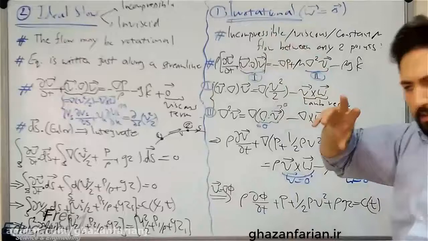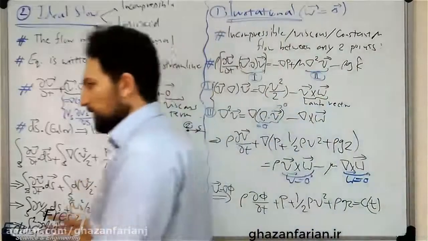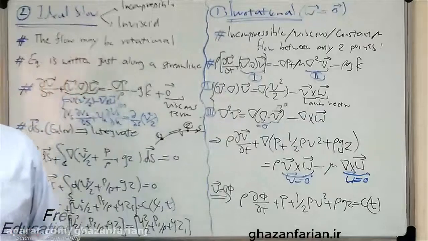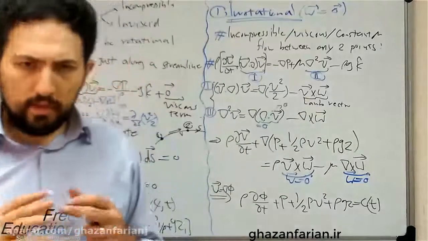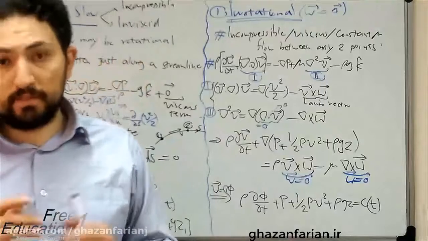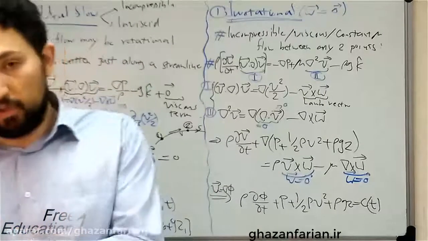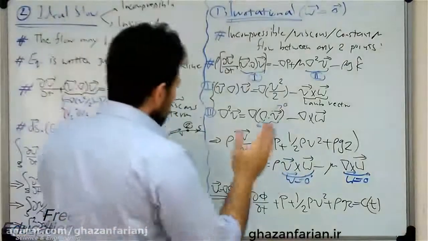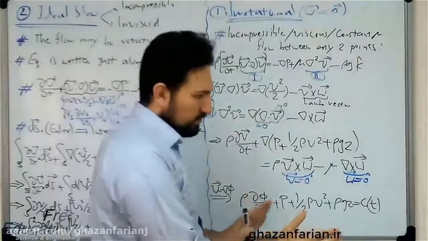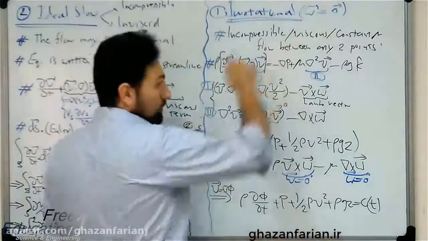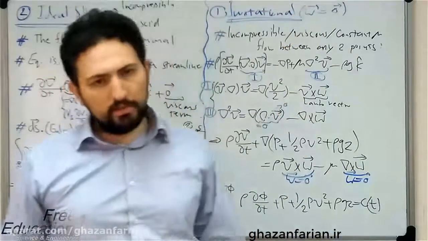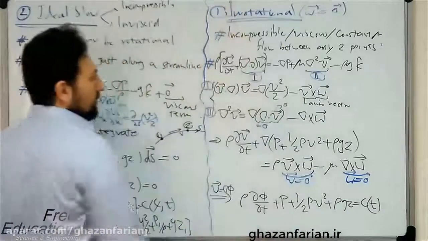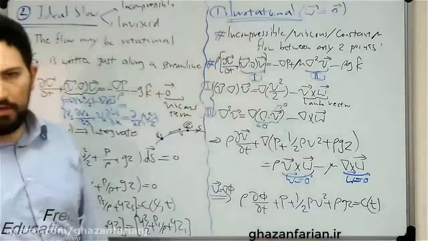We have a kind of fluid flow which is called the viscous potential flow. This is a keyword, you can Google it and find other details about viscous potential flows or viscous irrotational flows. So if someone asks you about the validity of the Bernoulli's equation for viscous flows, the answer is yes. The Bernoulli's equation can be written for a viscous but irrotational and incompressible flow between any arbitrary pair of points.